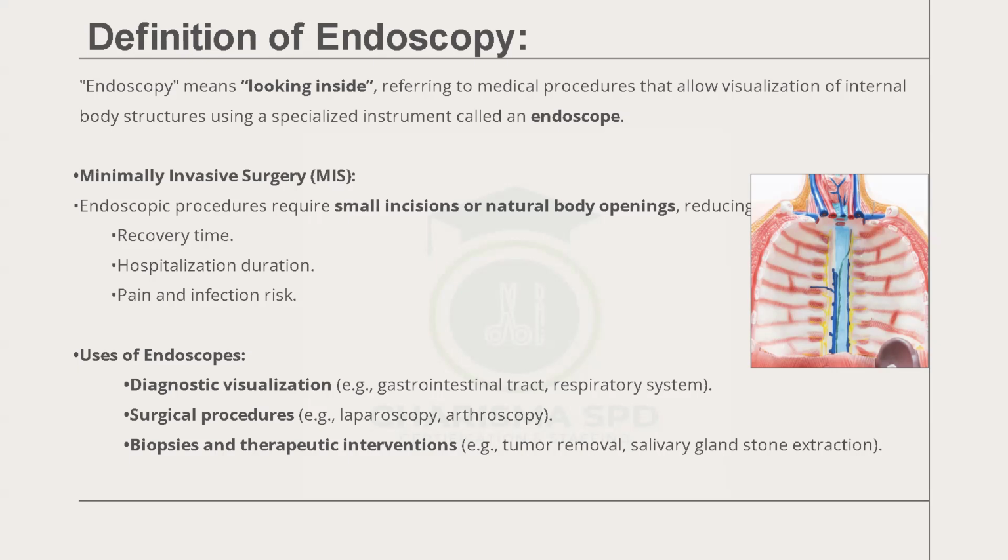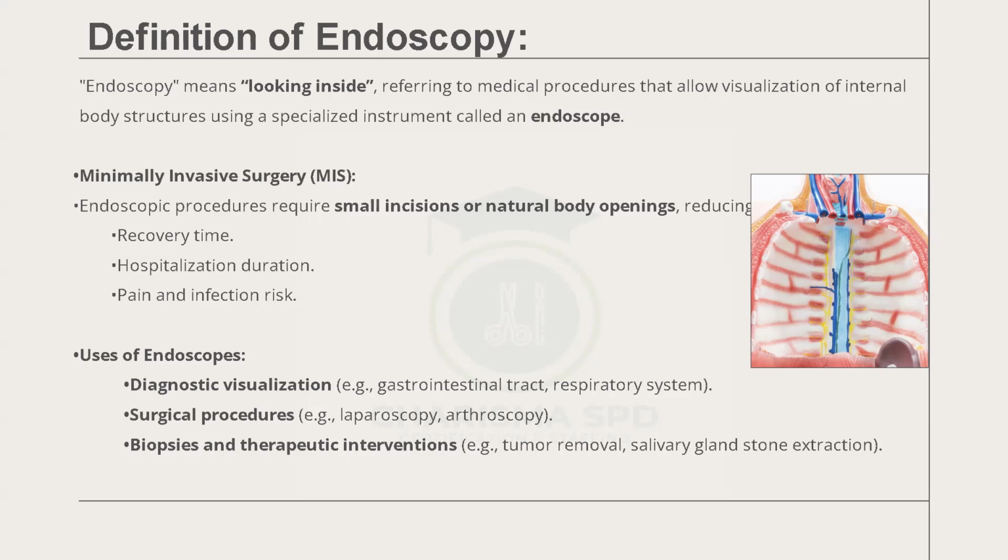Minimally invasive surgeries have been possible because of what? Endoscopes. Uses of endoscopes: diagnostic visualization, to diagnose, just to see what is wrong with you. Then surgical procedures, laparoscopic and arthroscopy.